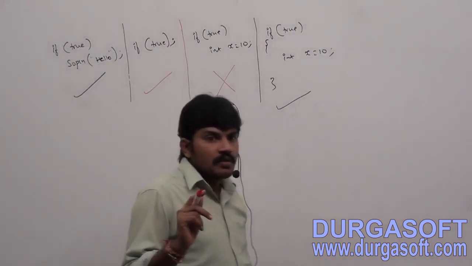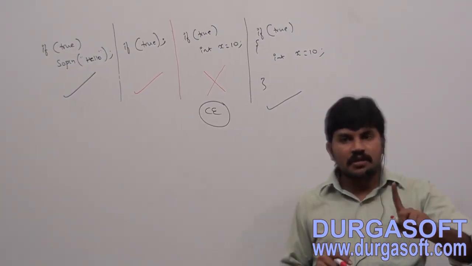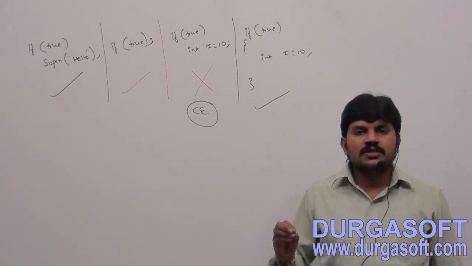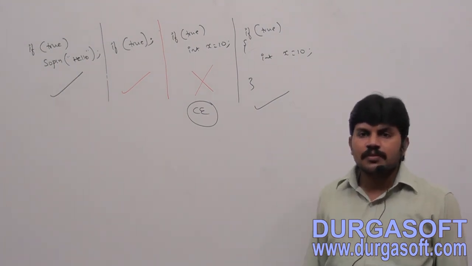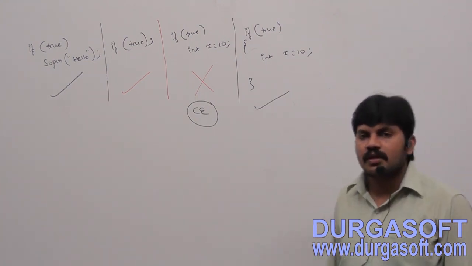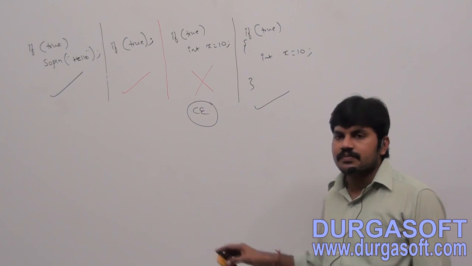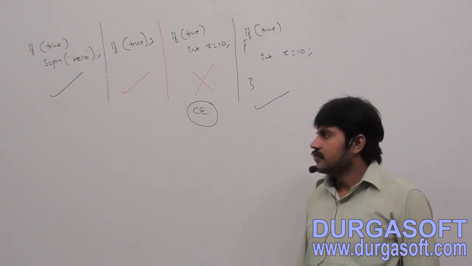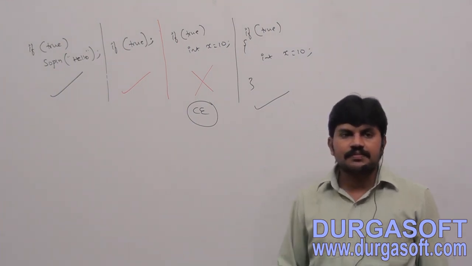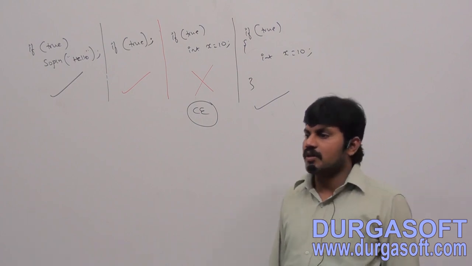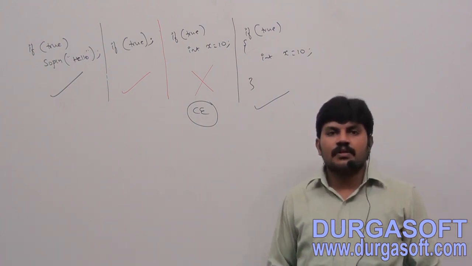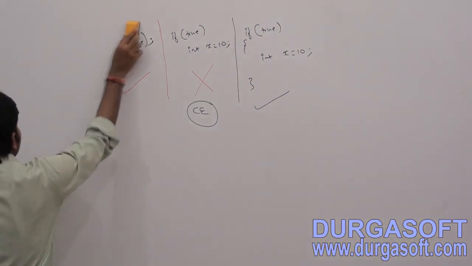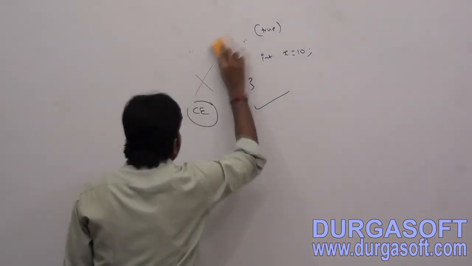Semicolon is a valid Java statement, which is also known as empty statement. Okay. So this is second conclusion.